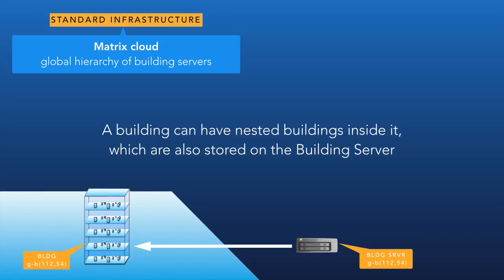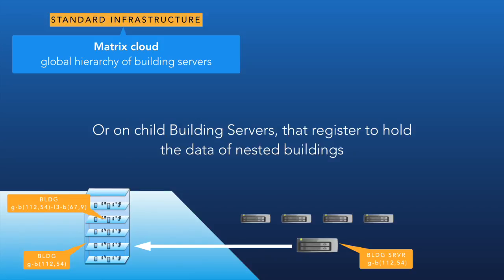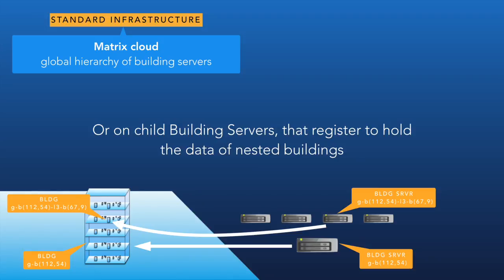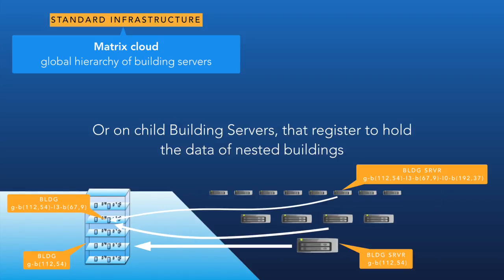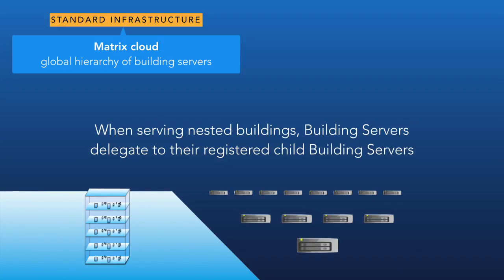Since buildings can have nested buildings inside them, these are also stored on a building server, or there can be child building servers that register to hold the data of nested buildings. So when serving nested buildings, building servers delegate to the registered child building servers holding the data of the nested buildings.